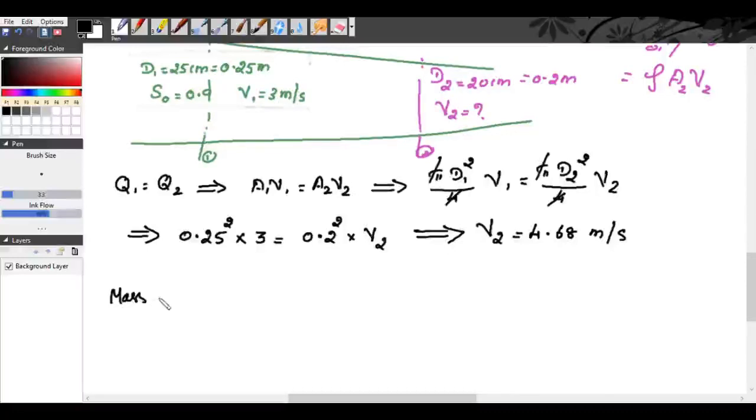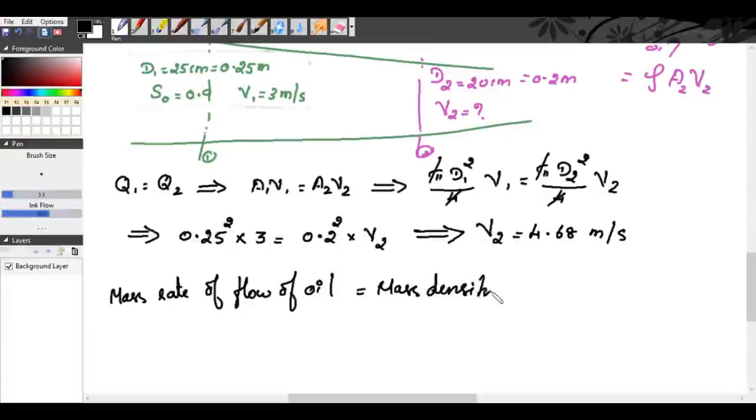Now the mass rate of flow of oil. So the mass rate of flow of oil is equal to mass density into Q, that is equal to rho A V. So rho A1 V1 or rho A2 V2. So we know the density, specific gravity of the oil is given as 0.9.